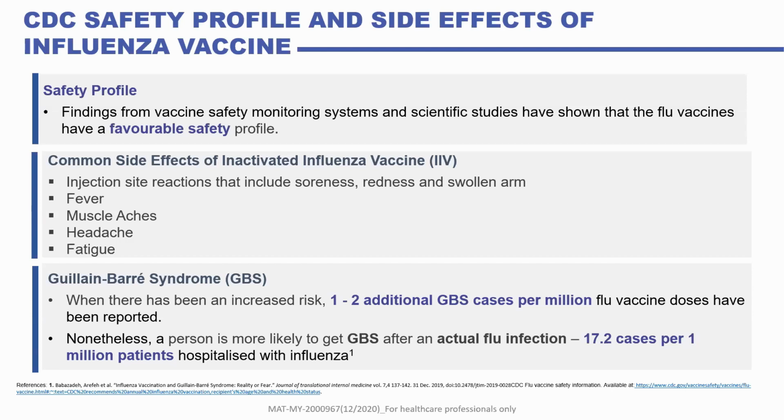It's only 1 to 2 additional GBS cases per million flu vaccine doses administered. And we have to realize that if individuals catch the flu, there is also a risk of developing Guillain-Barré syndrome, and the risk through natural infection is so much higher.